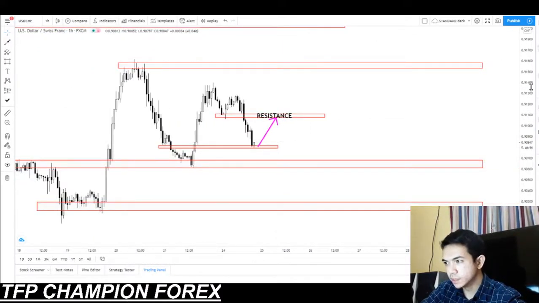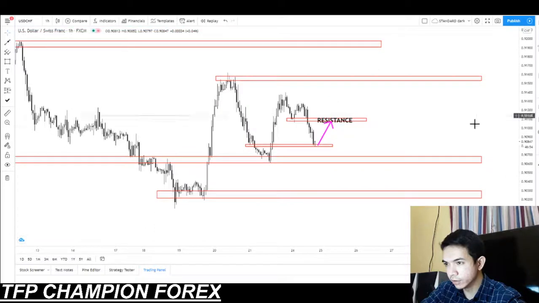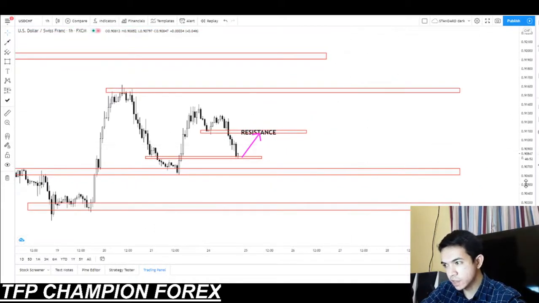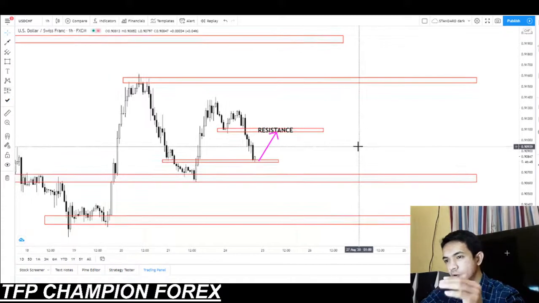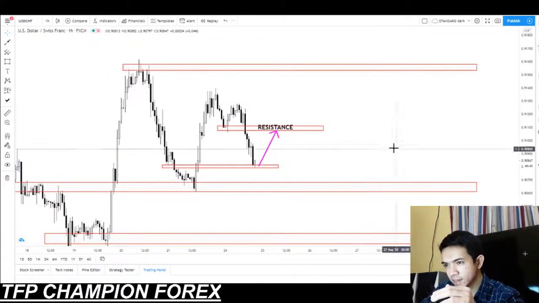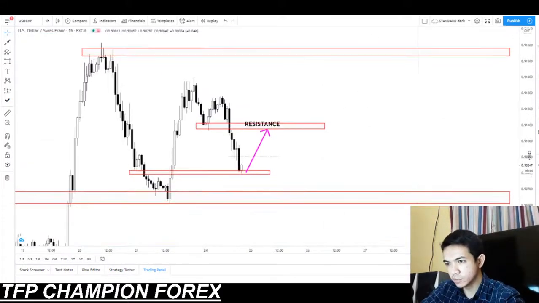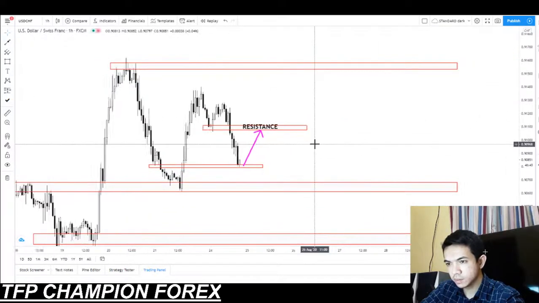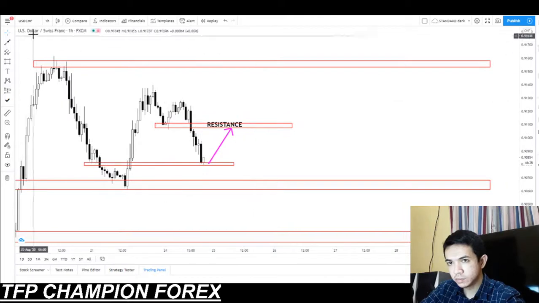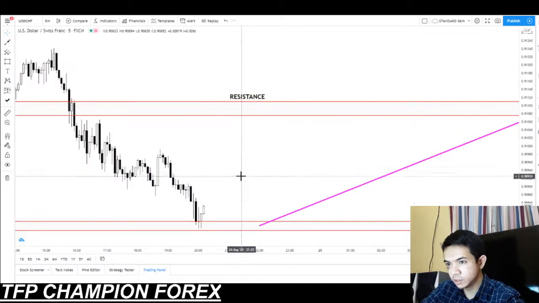So that is how I analyze a certain pair using price action, naked trading, as well as only using basic candlestick formation, right? If we look at the lower time frame, let me check.